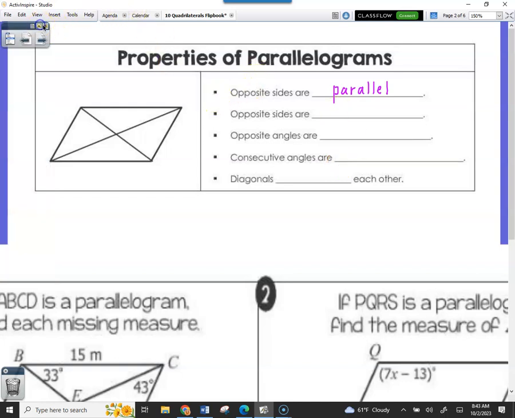Remember the notation on a shape when something's parallel. There's two types of notations. I'm going to show them both to you because you're going to see both of them. One of them is these little tiny triangles. They kind of look like the end of a bow and arrow, these little tiny triangles. That means parallel. Here is another type of symbol to mean parallel.